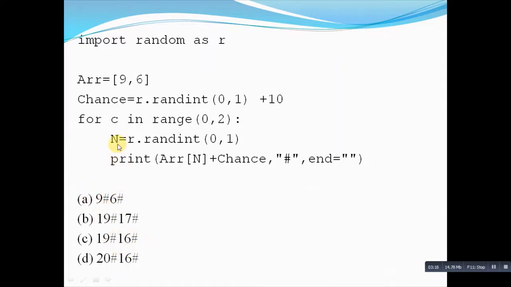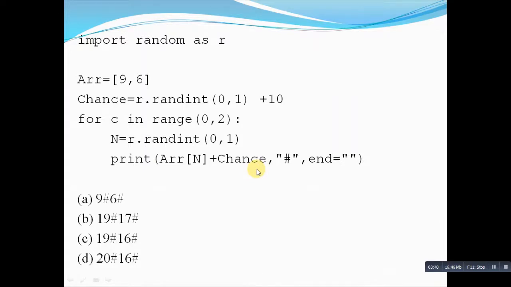So N is equal to R dot randint. Assume that the first value generated here is 0. So print array of 0. In array of 0 we have 9, and with 9 chance is added. What is the value of chance we have taken before entering the loop? It was 10, and therefore 9 plus 10 we are getting as 19.